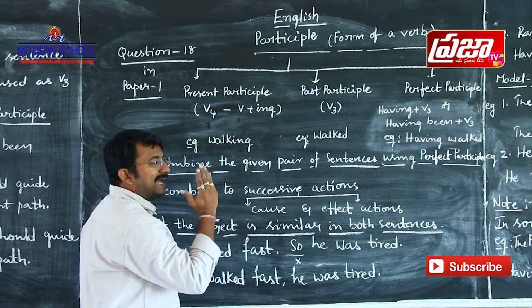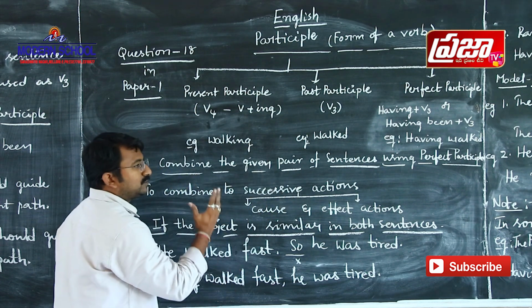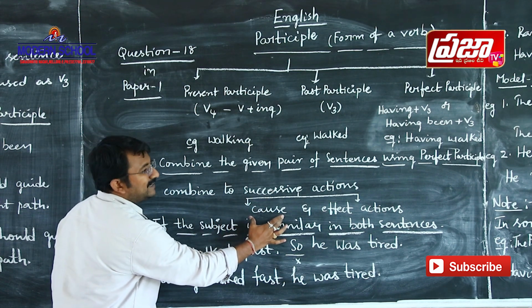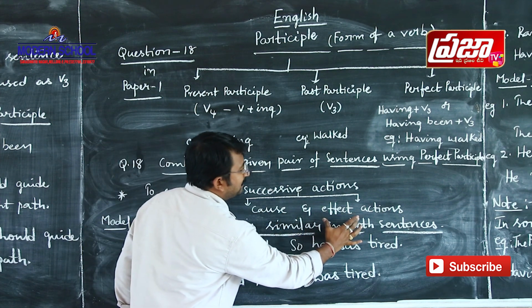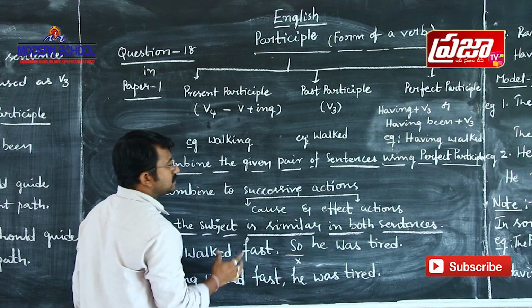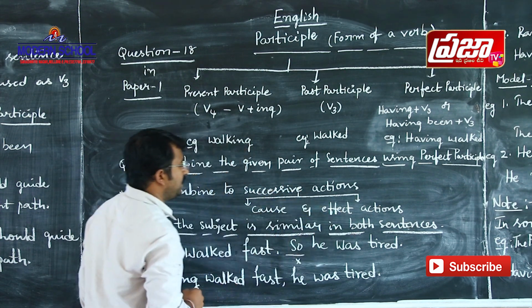Successive means the actions that are completed one after the other. In those two successive actions, one action refers to the cause and another action refers to the effect.